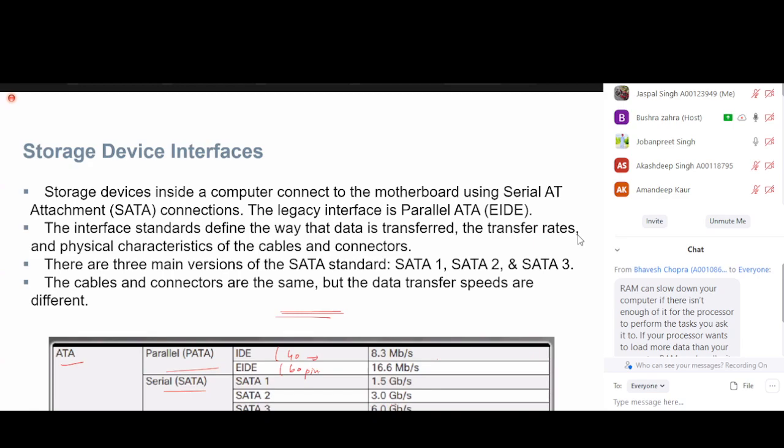Those are faster than IDE. IDE operated at megabits per second, and these operate at gigabits per second. SATA 1, SATA 2, and SATA 3. Motherboards have SATA connectors in different colors, and you identify which kind of SATA cables you can connect.